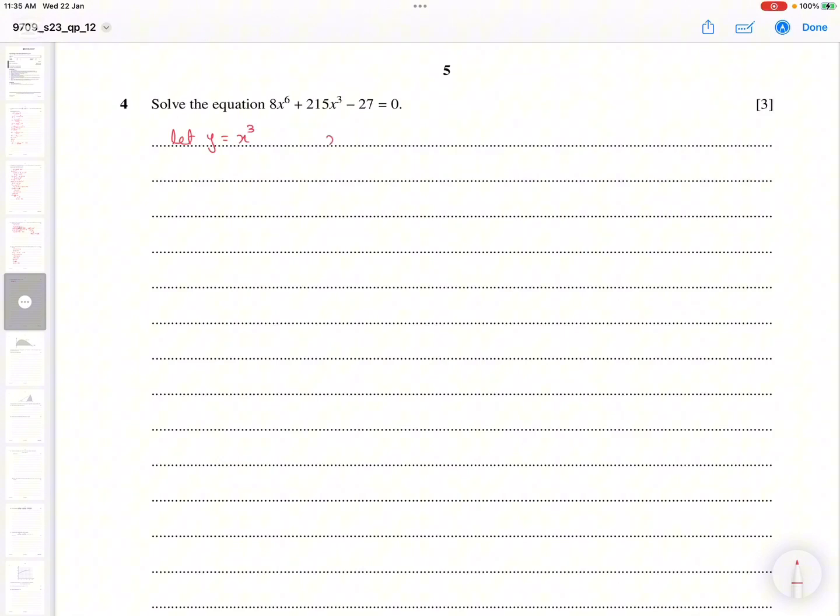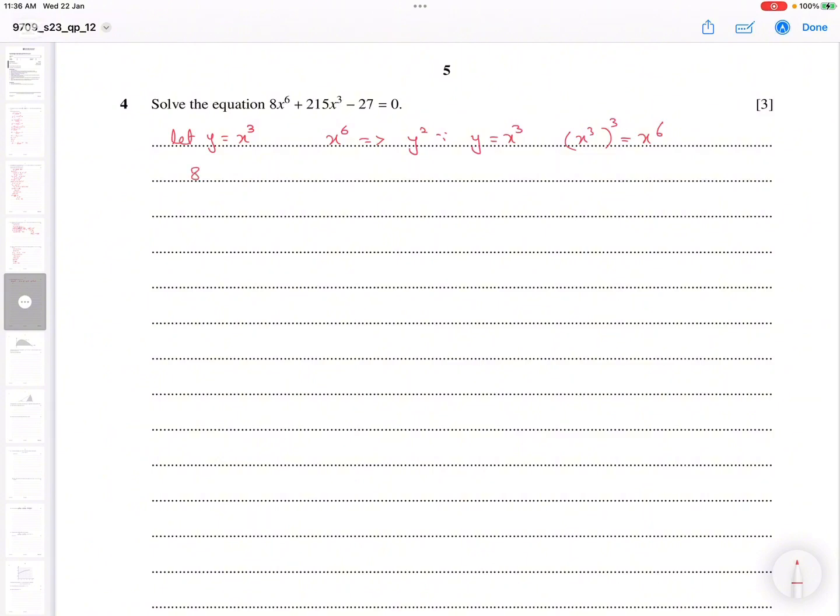Then we can write x power 6 as y squared, because y equals x power 3, so (x power 3) whole squared will make x power 6. So now you write this whole equation in terms of y.